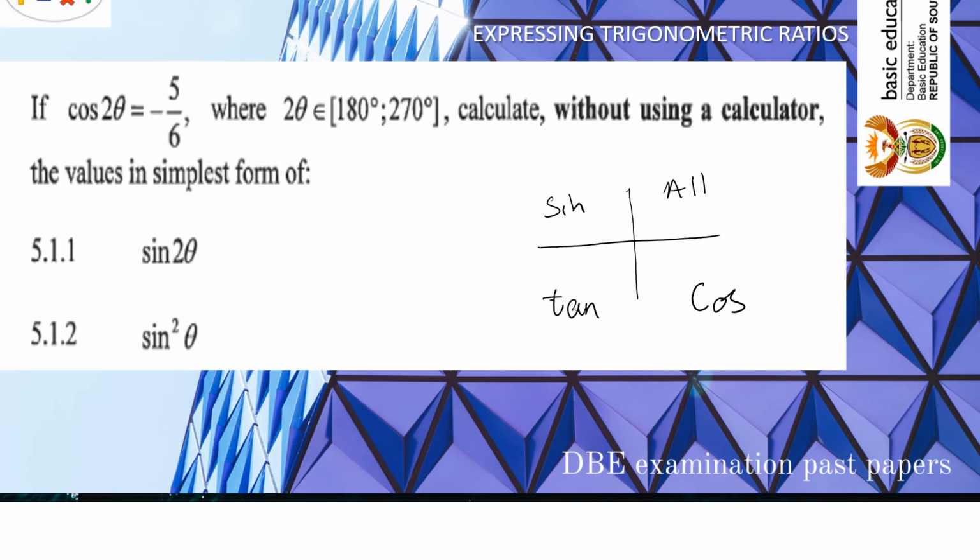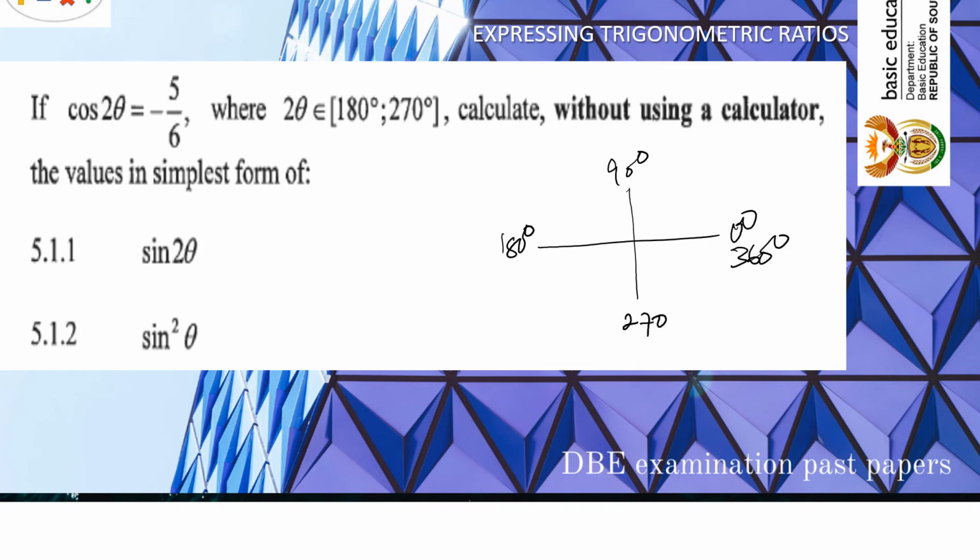So they are saying cos 2 theta is equal to minus 5 over 6. It means that your cos is negative. But look, your 2 theta lies between 180 and 270. So this is 0, this is 90, this is 180, this is 270, and this is 360.